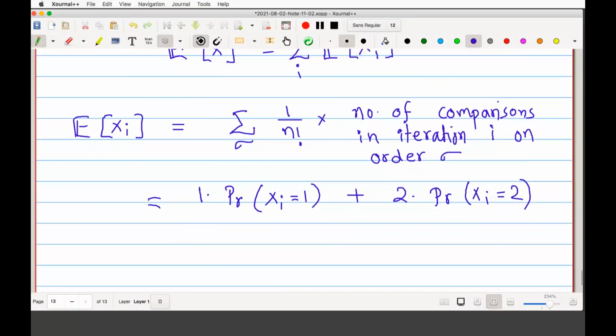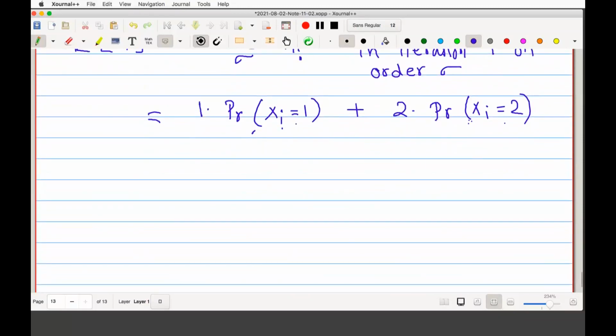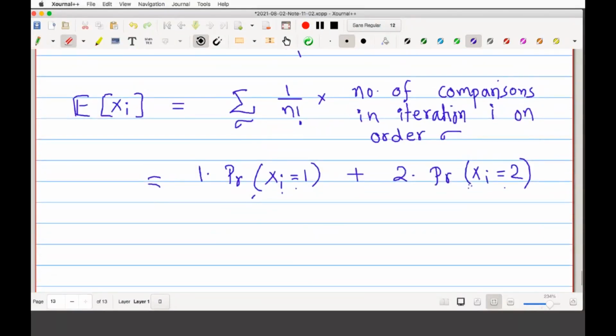Clearly, because 1 and 2 are the only possibilities, if I sum up these two probabilities, the sum is 1. So I just need to find one of these probabilities, either the probability of xi equal to 1 or of xi equal to 2. That is the only question now. By the way, so far any questions about this formula, this equation?